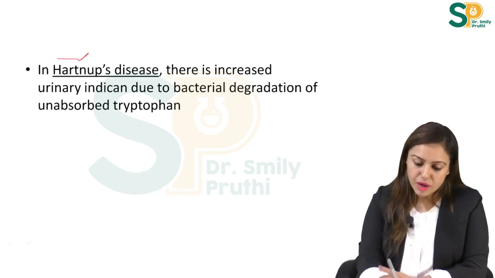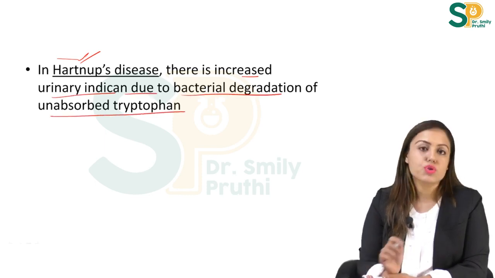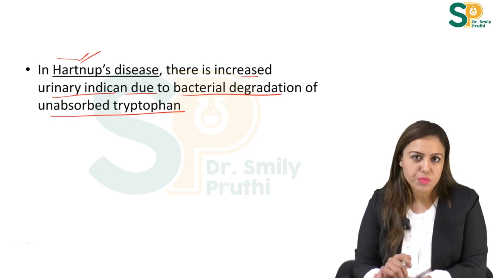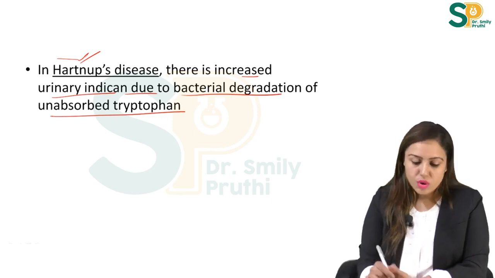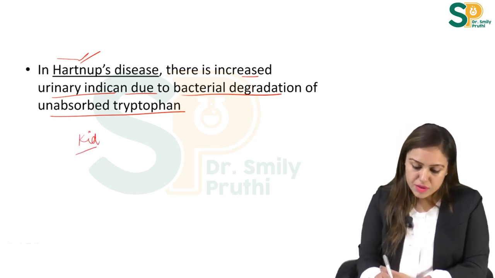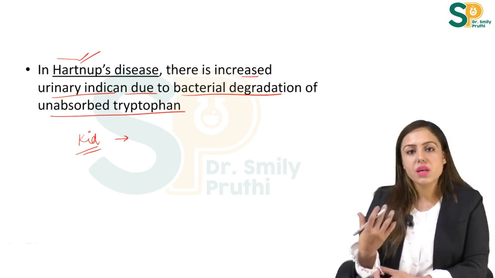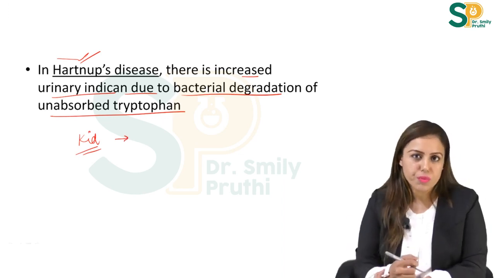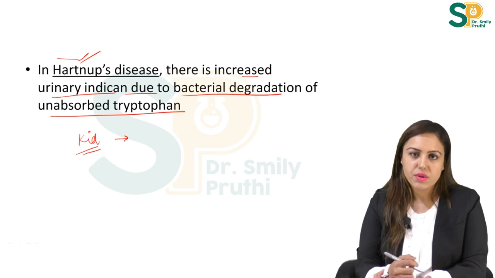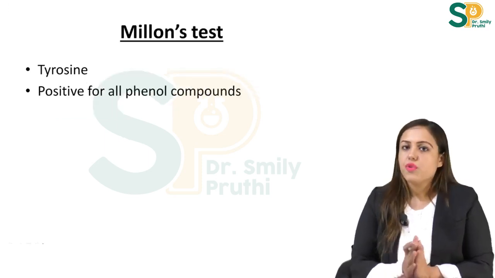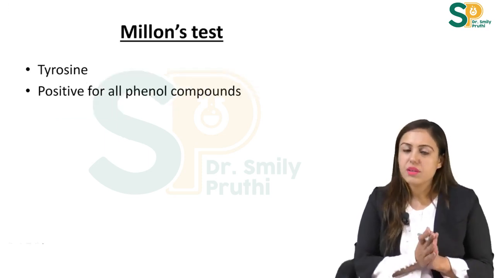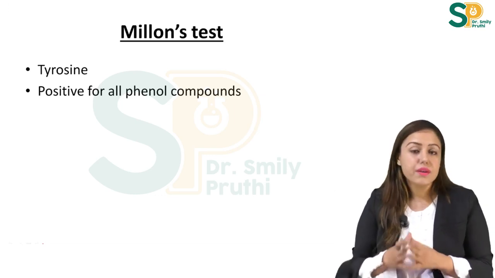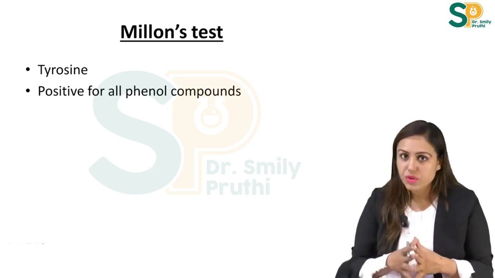Now, in case of Hartnup's disease, there is increased urinary indican due to bacterial degradation of unabsorbed tryptophan. Also, there is a defect in the kidneys, so there is increased excretion of tryptophan in urine, right. So, we are done with the tests for tryptophan, that is Hopkin-Coles and Obermeyer test, right.